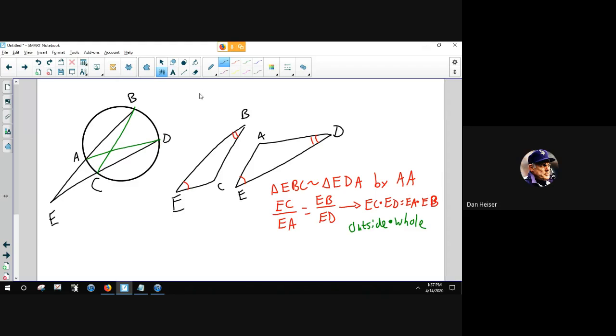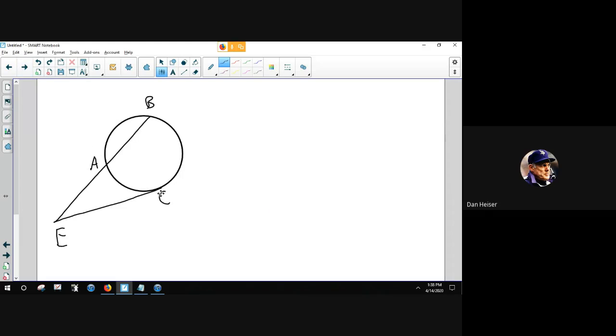There's one more to take a look at. If point C comes this way, and point D comes that way, they're eventually going to meet. Let's say they happen to meet in a spot. That gives us a tangent.